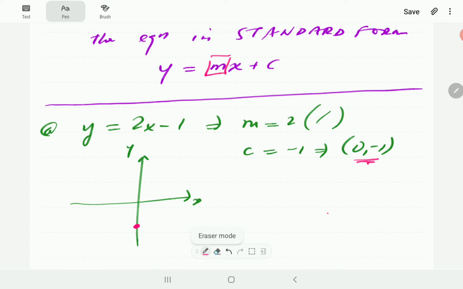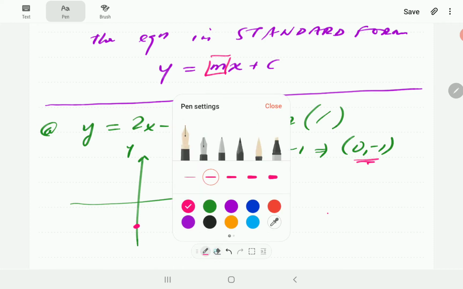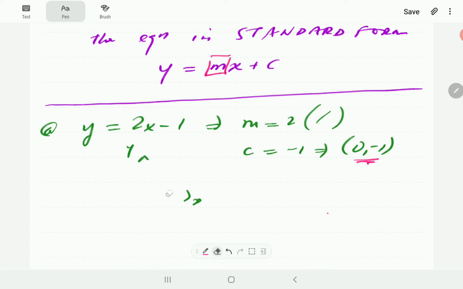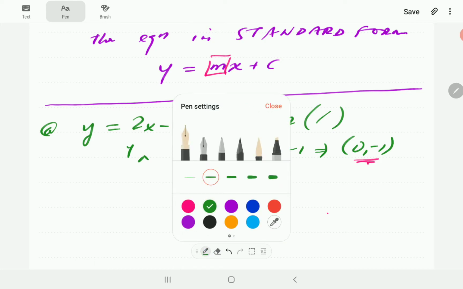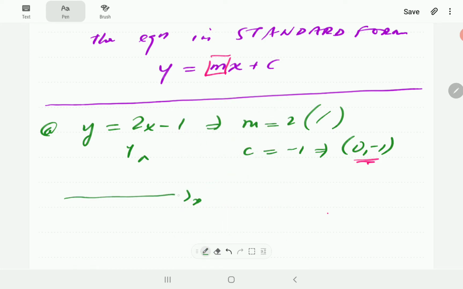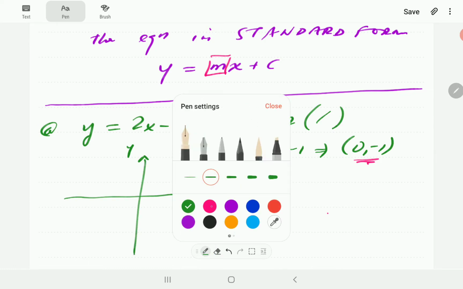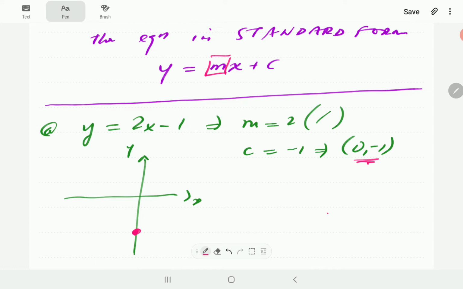Then through this point, the line could either go this way or that way.